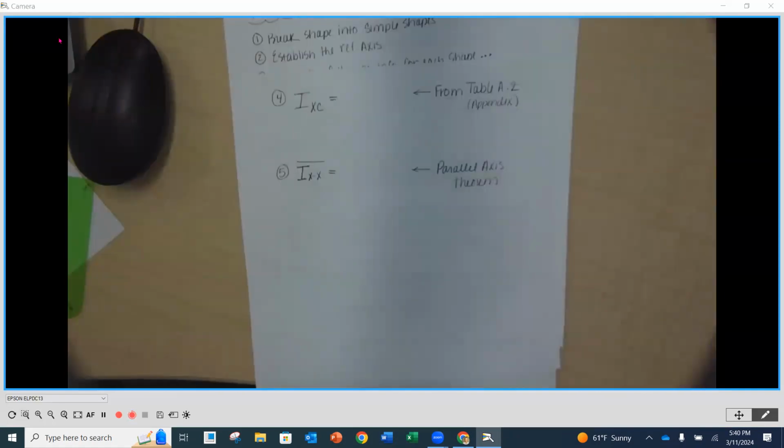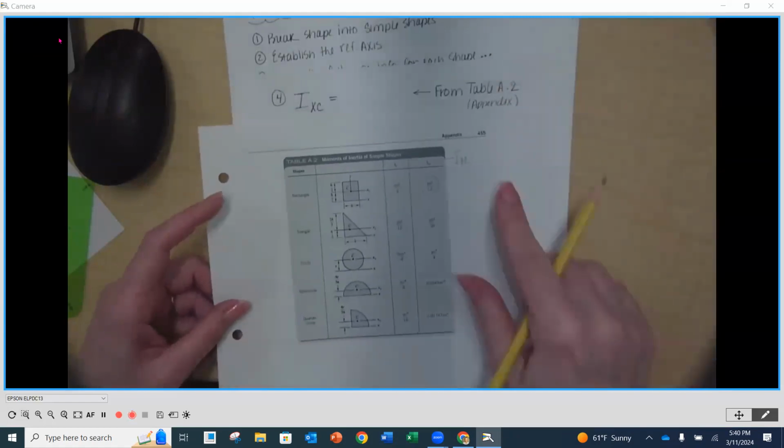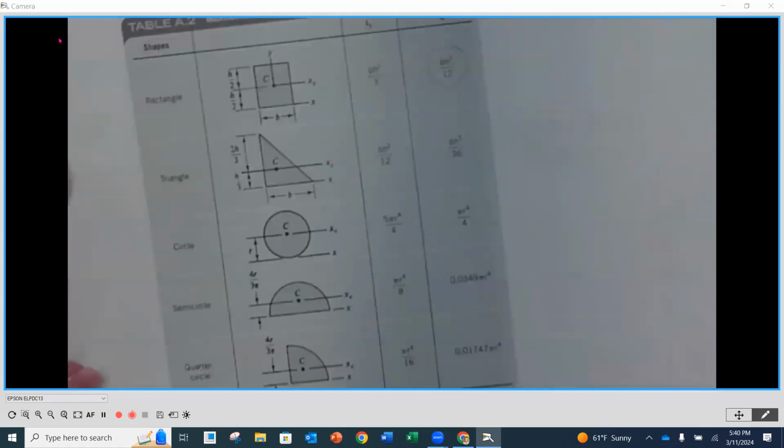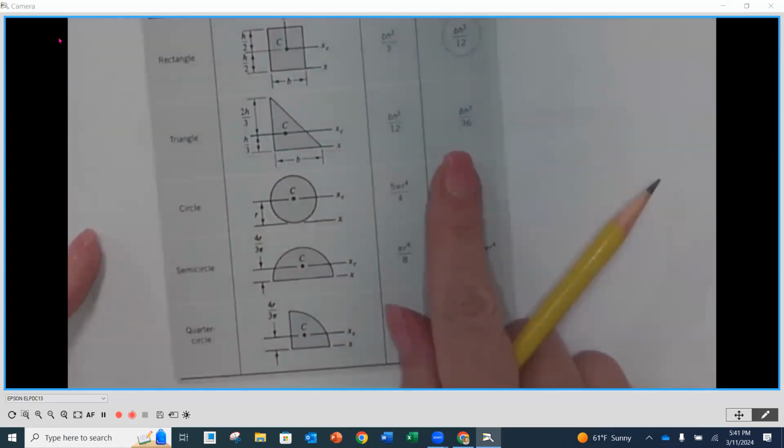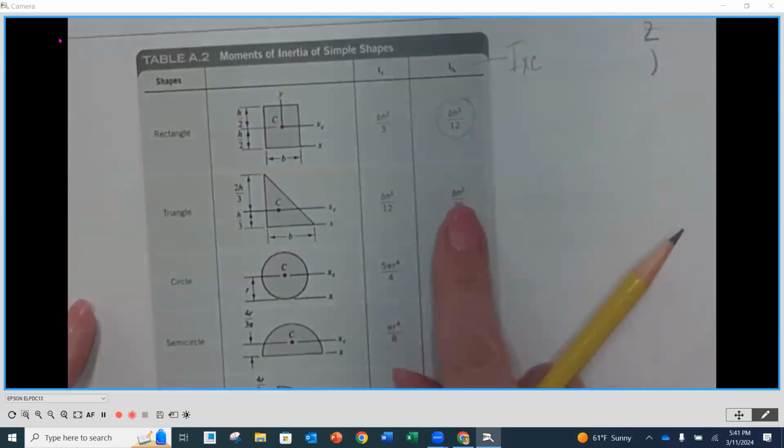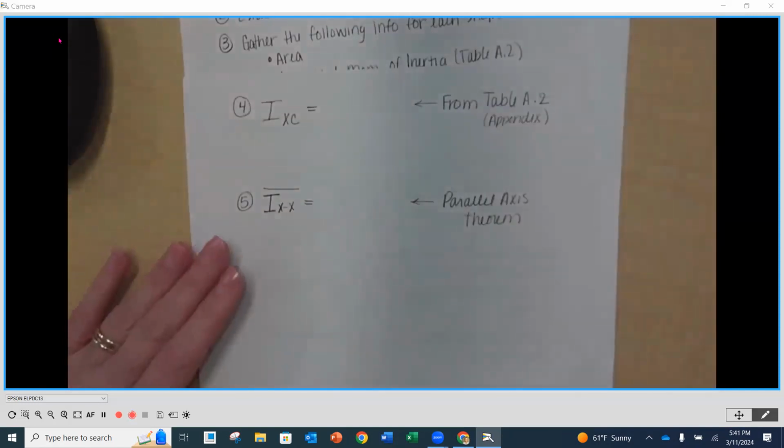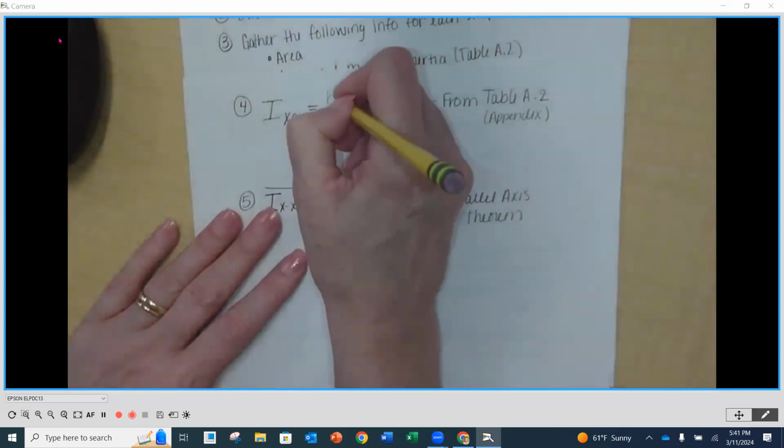Now, the problem wants us to determine the moment of inertia about the X centroidal axis. That means it's of the actual part, the simple shape. So we're going to go to table A2 on page 455. We're going to find the row with the triangle, and go down the column that says IXC. It's base times height cubed divided by 36.